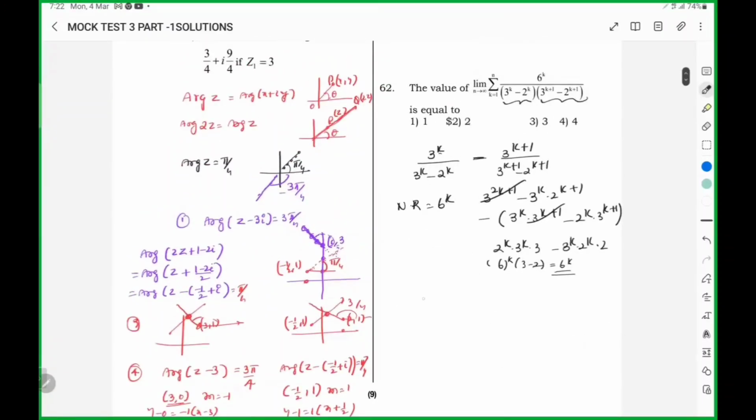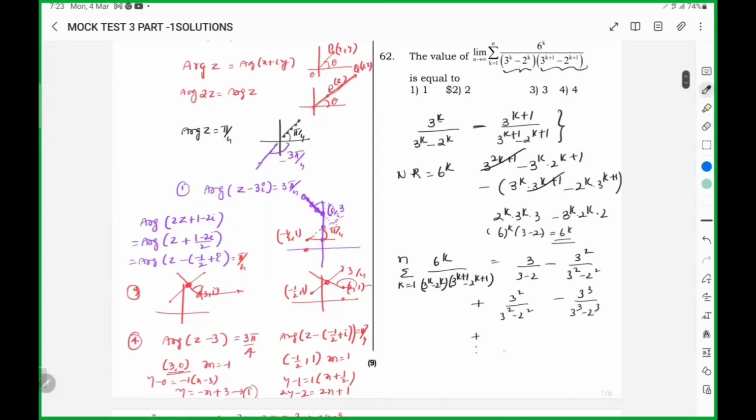Now, from this I can say that the given expression I can write like this: sigma k equal to 1 to n, 3 power k minus 2 power k. Put k as 1, you get 3 square by 3 square minus 2 square. k as 2, and so on.